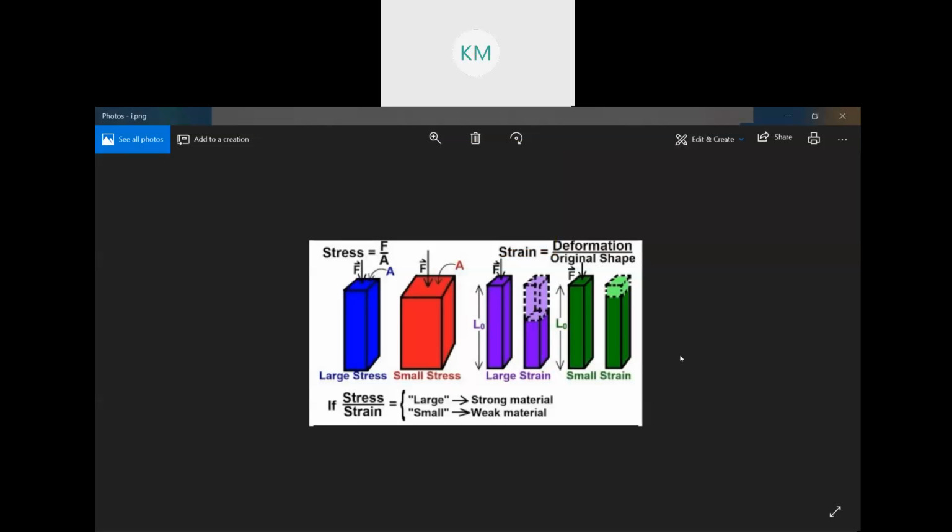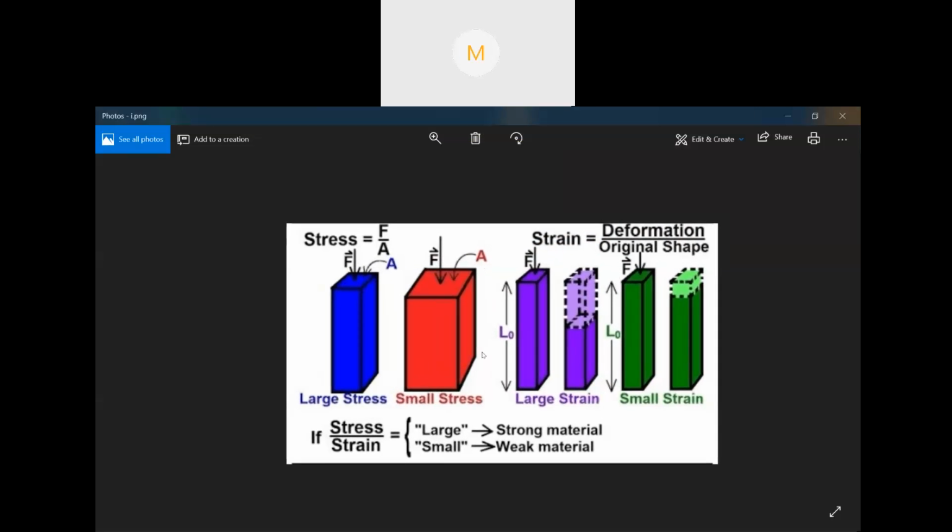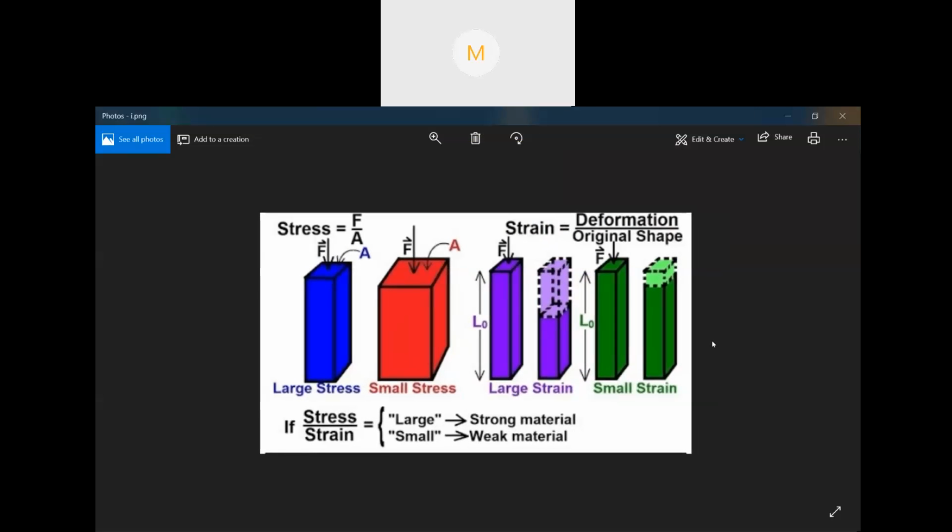I understood which one you asked. Wait, give me a minute. Can you see the slide? Others, please write your attendance. The bottom one, not the large and small.